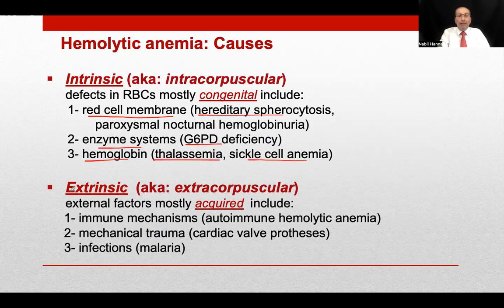Or the problem is outside the red blood cell, extrinsic or extracorpuscular, usually acquired, like autoimmune hemolytic anemia, like mechanical trauma, cardiac valve prosthesis, like infections, malignant malaria.